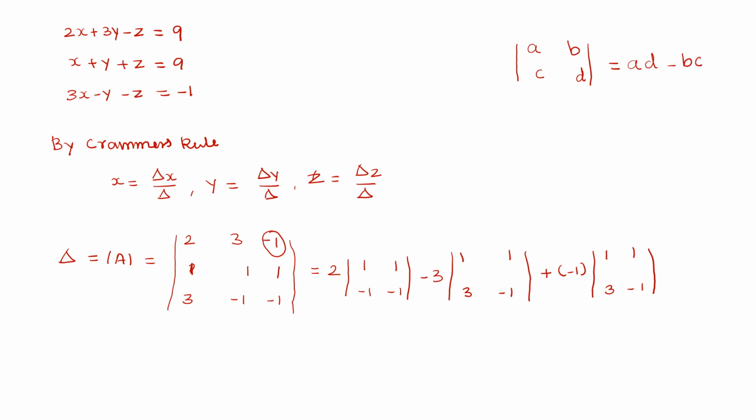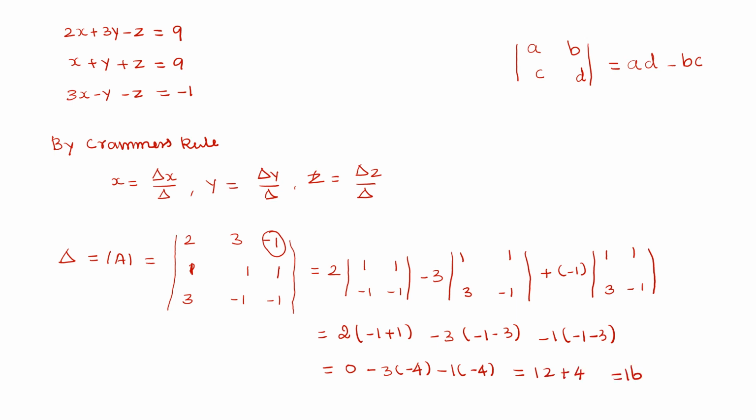So I can write 2 times 0 is 0, then -3 times -4 and -1 times -4, which equals 12 plus 4 equals 16.